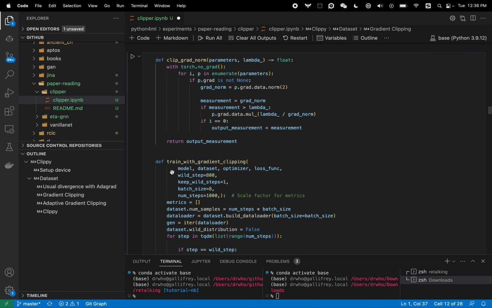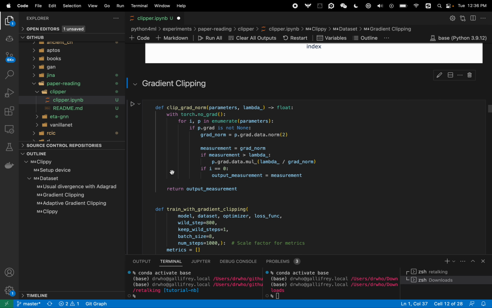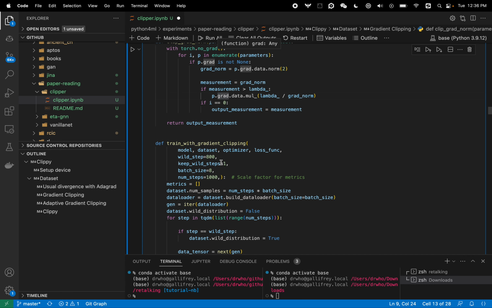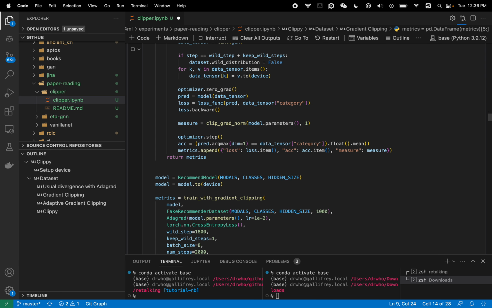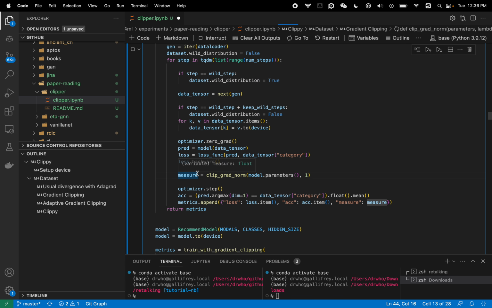So then I try gradient clipping, doing the same task. You see before the optimizer step, I do the clip grad norm.